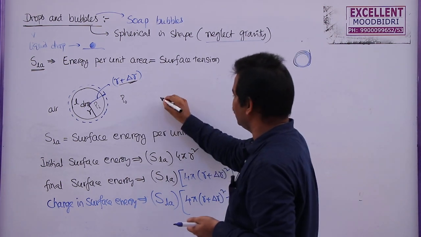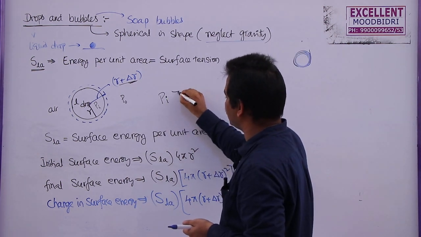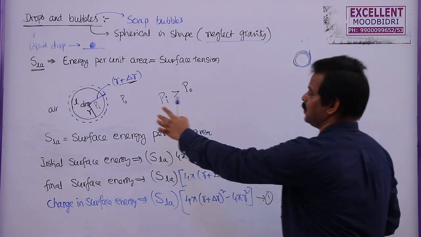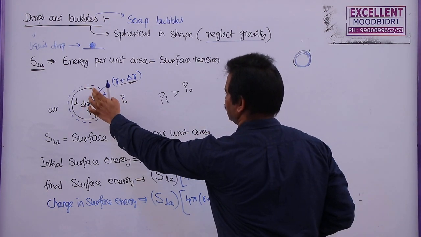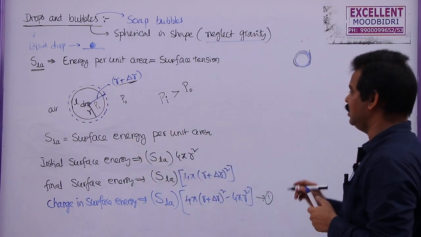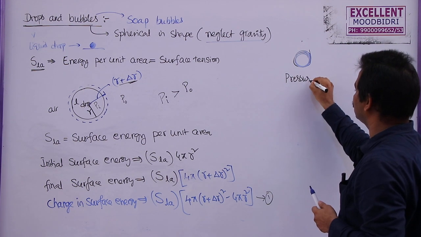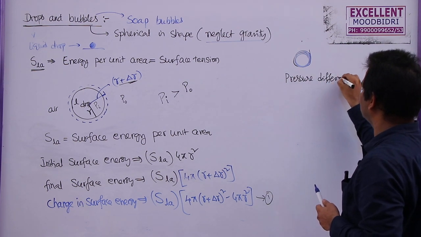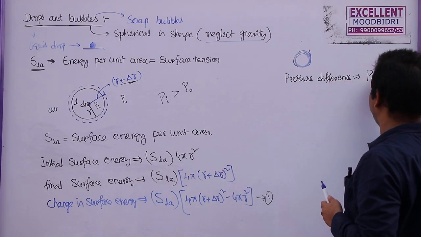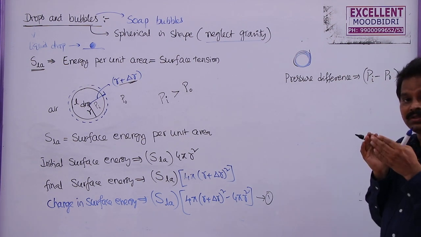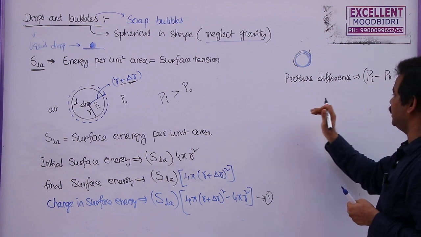It is found that the pressure inside the drop or bubble is always greater than the pressure outside. So the pressure difference between the inner surface and outer surface is P_I minus P_O, and we are doing work against this pressure difference.